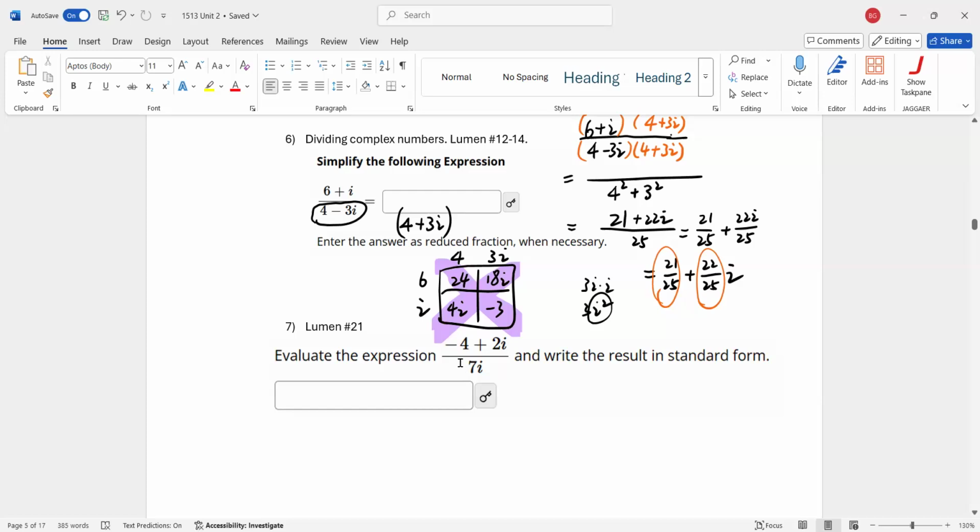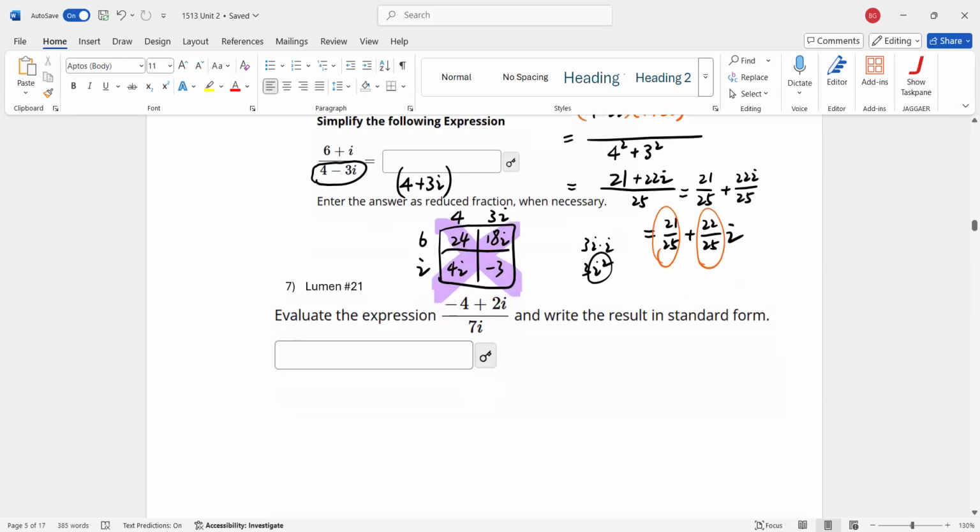For example, this expression: numerator -4 plus 2i, denominator 7i. The complex number in the denominator is missing the real part. It only has an imaginary part multiplied with the imaginary unit.